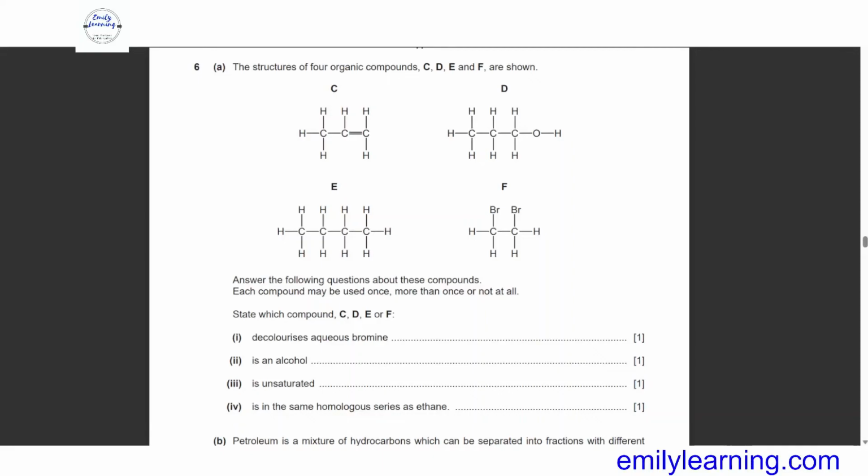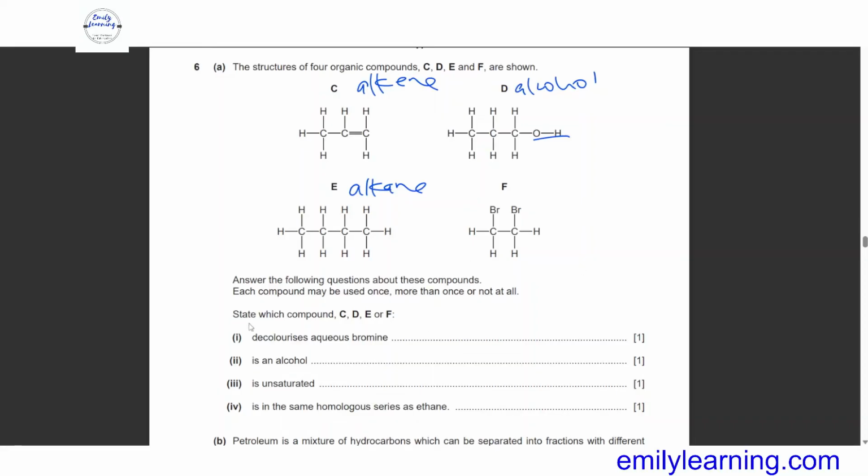Okay. Alright, so let's take a look at this. So we know that we have C, D, E, and F, and we need to answer the questions here. So C, it has a C=C double bond, so it's an alkene. This one is an alcohol, D is an alcohol because of the OH group. In E, you only have C and H, and they are all single bonds, so it's an alkane. And F, it contains 2 bromines, so it is a halogenoalkane.